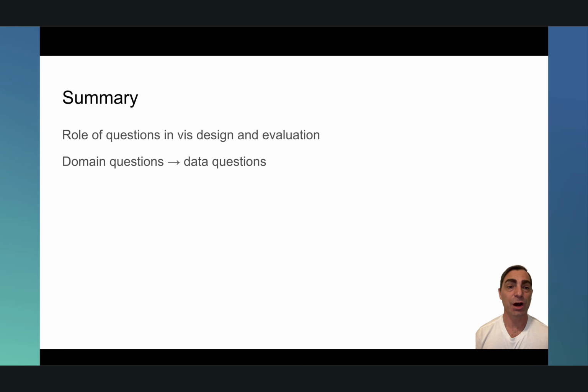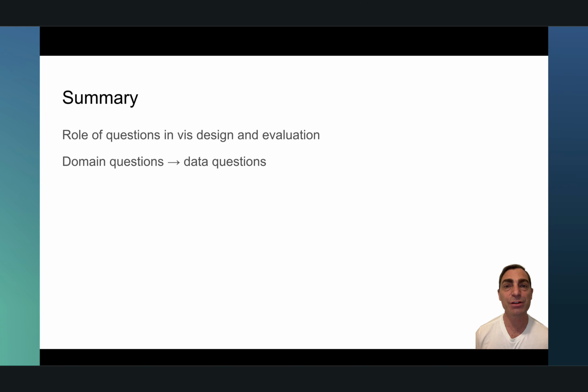Then we talked about the idea that domain questions are questions that tend to be very vague, but also very useful because they are typically gathered from domain experts. But they need to be translated into data questions in order to be answered with data and data visualization. Now, this translation very often is just done implicitly, but I also found that it is often the source of many mistakes or suboptimal solutions.